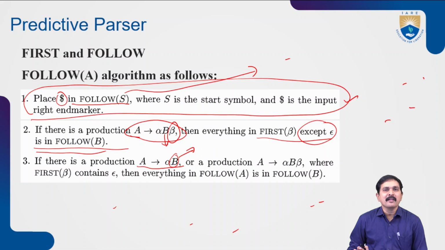You should remember that in the case of the second rule. And the third rule is if there is a production A implies alpha and capital B. At that time, after capital B there are no other symbols. In that case, follow of B equal to follow of A. So these are the rules of the first and follow algorithm.